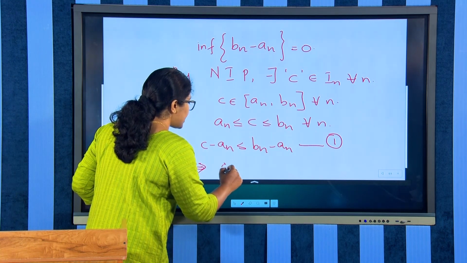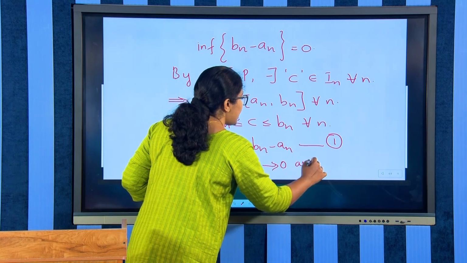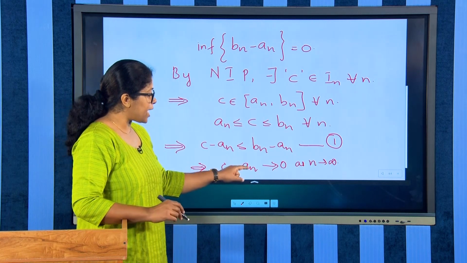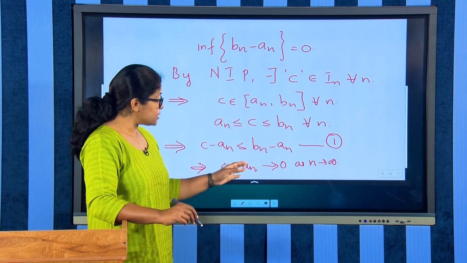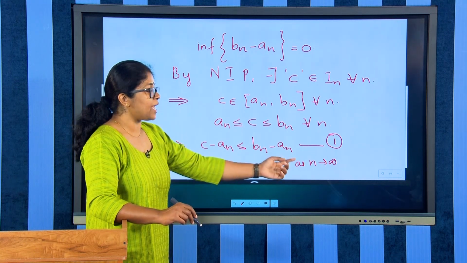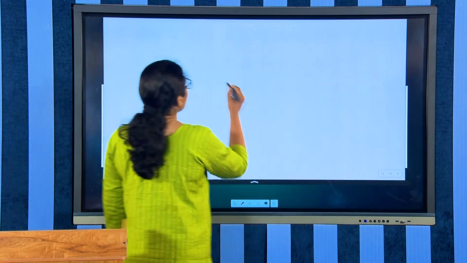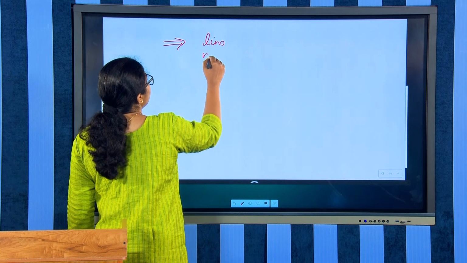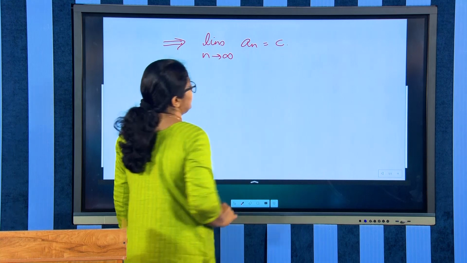So we can say that the An's are approaching the point C as n tends to infinity. So this implies the limit as n tends to infinity of An is equal to C.